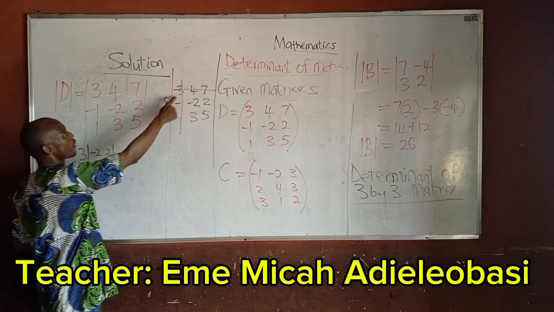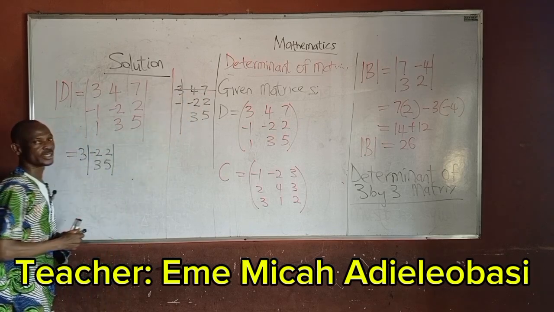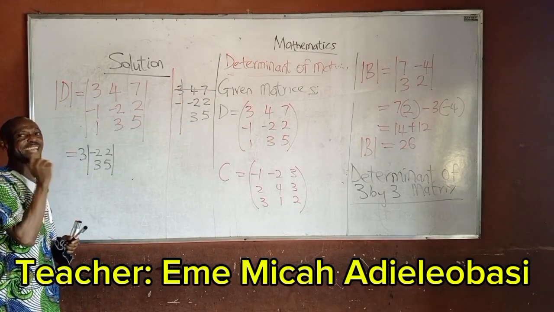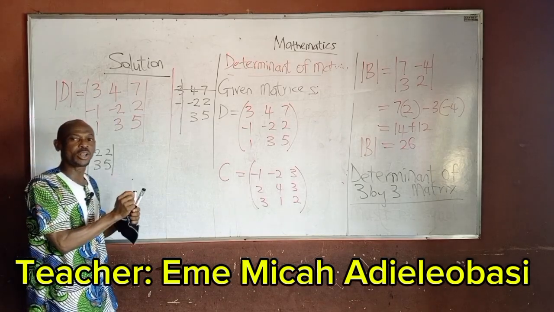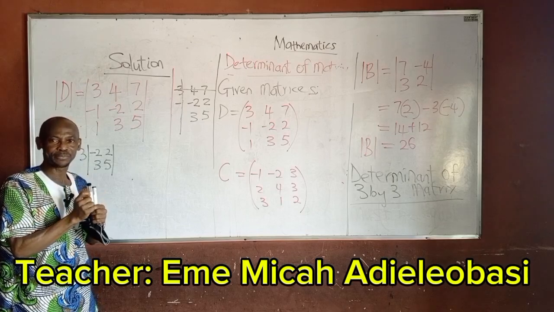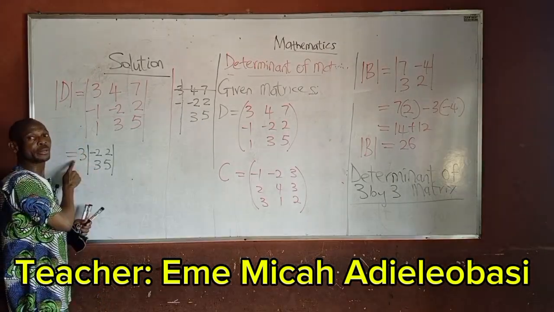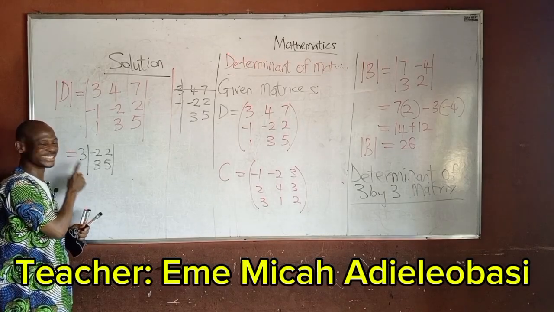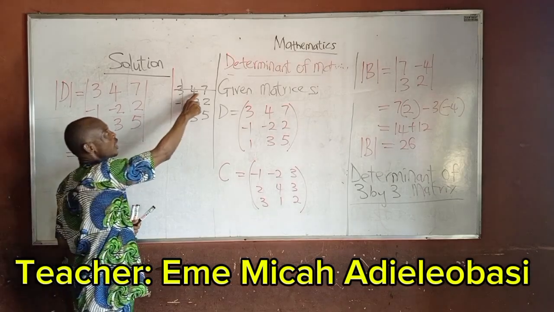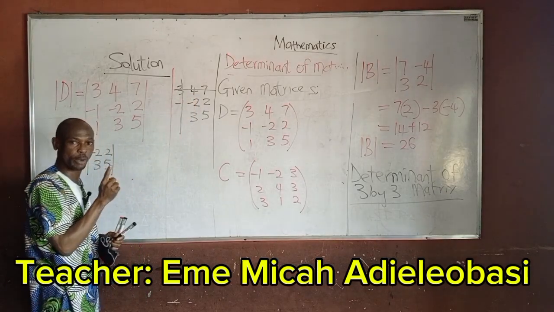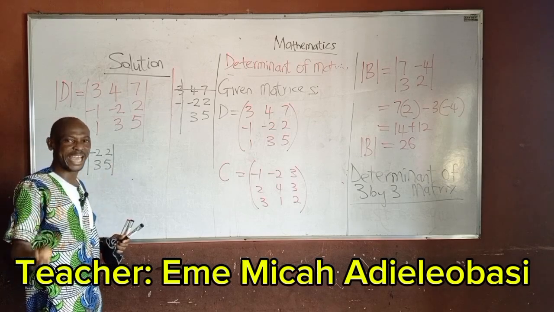Now, the position of each of these values, that is the intercept, their sign is determined by the addition of their row and column number. If we add their row and column number and it is an even number, their sign will be positive. But if we add their row and column position number and it is an odd number, their sign will be negative.